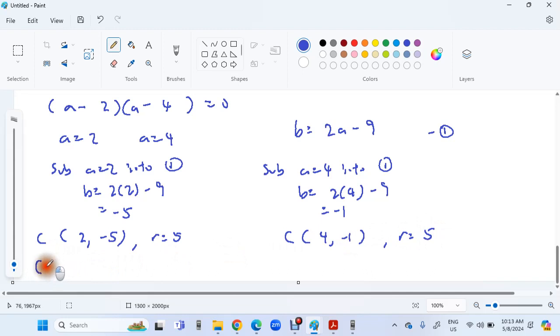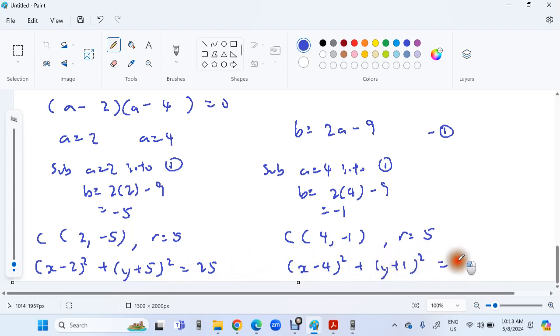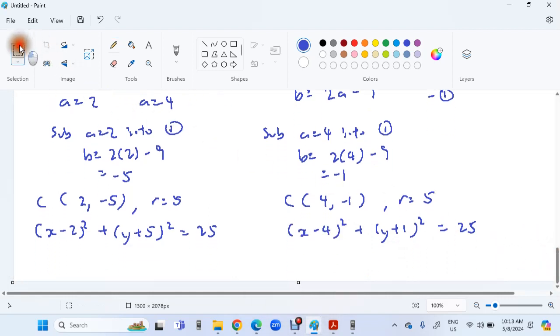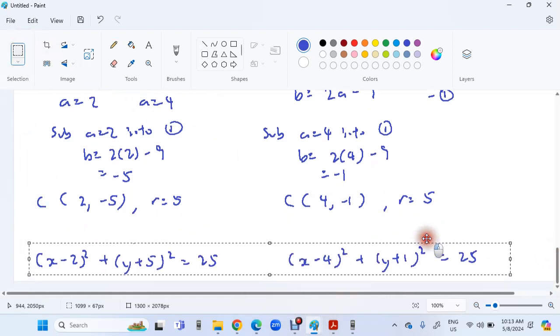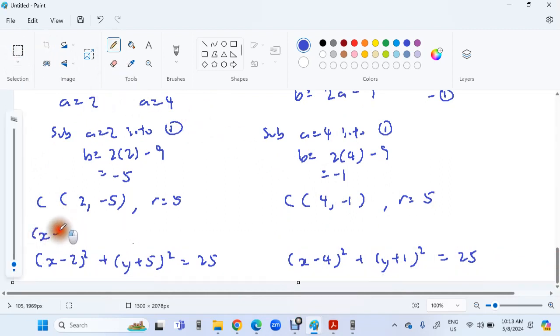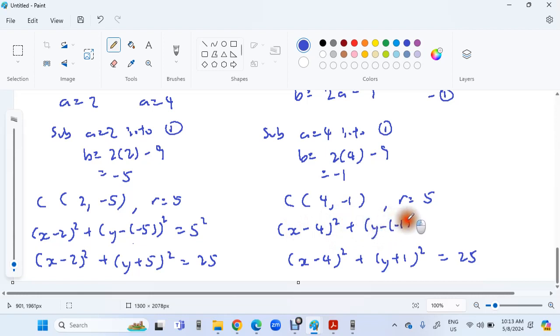Then the equation will be (x - 2) squared plus (y + 5) squared equal to 25, and (x - 4) squared plus (y + 1) squared equal to 25. Okay, so actually this one is (x - 2) squared plus (y - (-5)) squared equal to 5 squared, and (x - 4) squared plus (y - (-1)) squared equal to 5 squared.